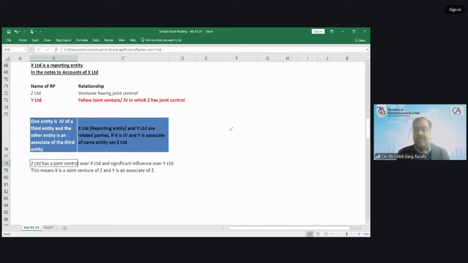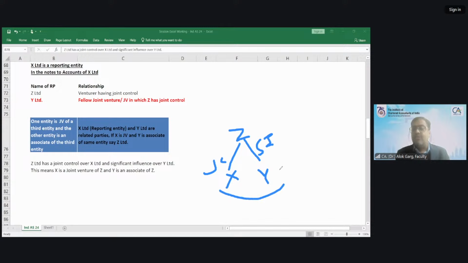So this is Z. Z has joint control over whom? Over X. But Z has significant influence over whom? Over Y. So in this case, X is a JV of Z and Y is an associate of Z. So these two entities will also become related parties. Clear?